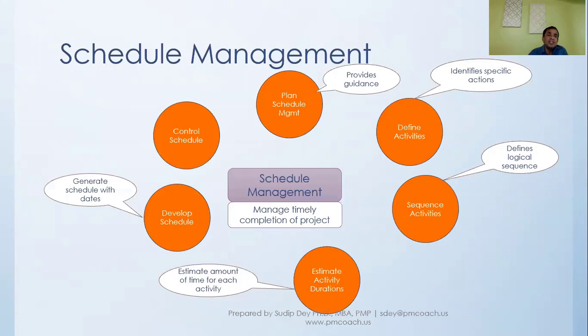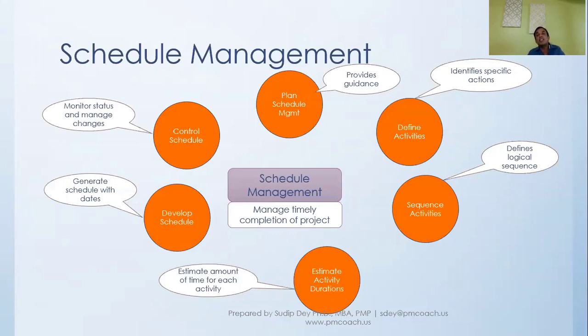And we'll also have a process called control schedule, which is about monitoring and managing changes. What it really means is, we have put together a plan, we have developed a schedule. But when we are actually executing the project, we would like to ensure that our project is going according to the schedule we developed.